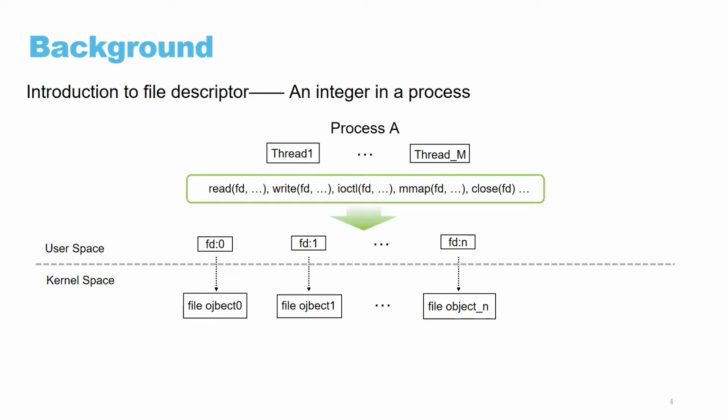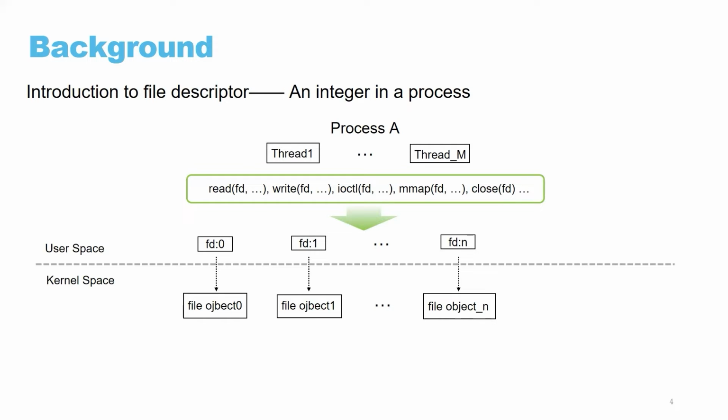We all know that everything is a file in Linux. So file descriptors are almost everywhere in Linux. A file descriptor is an integer that identifies an open file in a process. There could be many file descriptors in a process, and the value of a file descriptor could be 0, 1, 2, and so on.